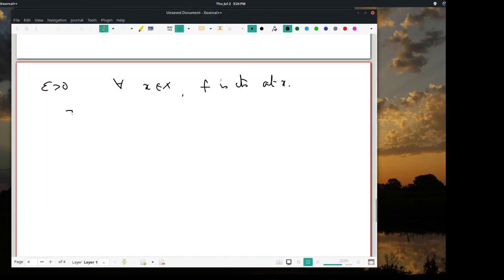Therefore there is an Rx positive such that f of B(x, Rx) is contained in B(f(x), epsilon by 2). Not epsilon, epsilon by 2. You understand?